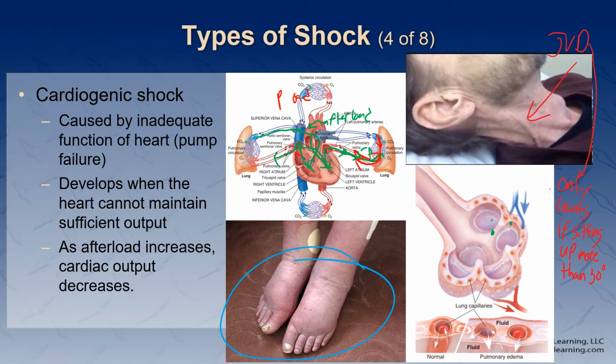So it is possible to have right failure without left, but the typical progression is left fails, backs up to the right, right fails, backs up to the body. And that's why you get signs when somebody's having a bad exacerbation and they're at the point in their life where they're having these severe exacerbations. Both sides have typically been affected, and you get the peripheral edema, the JVD, along with the wet, crackly lungs, and the things we typically associate with CHF exacerbation.